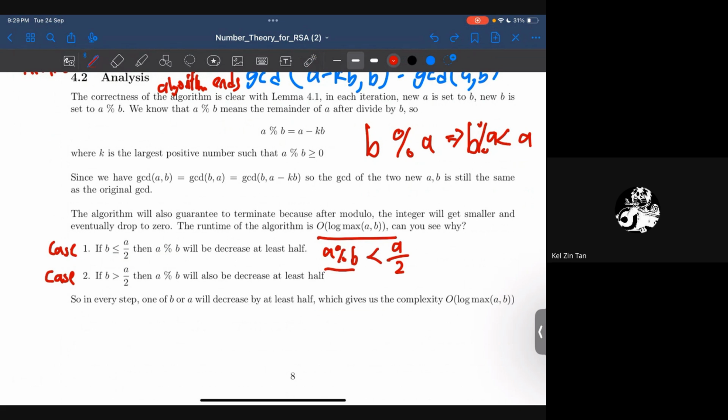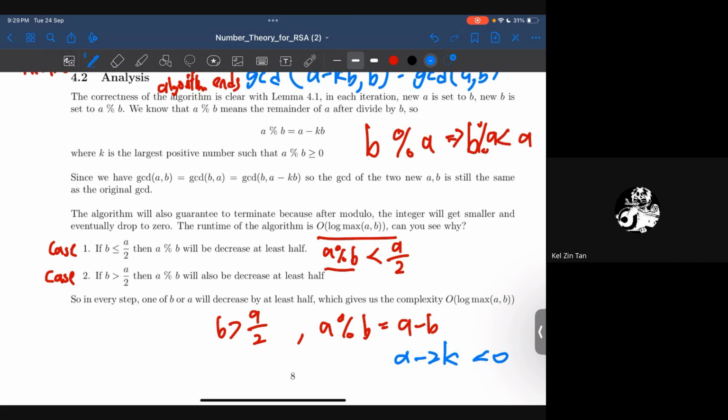In the second case, if B is larger than A divided by 2, then A modulo B will also be decreased by at least half. Because then A modulo B is essentially just A minus B, since you can't put a larger K. If you put A minus 2B, this will become a negative number already.